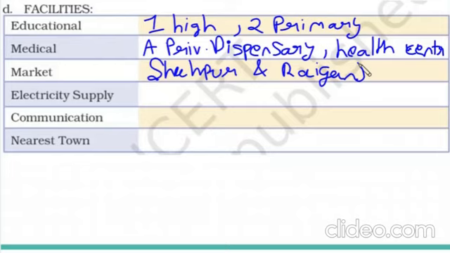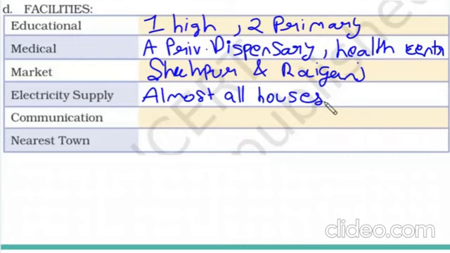Electricity supply is there in almost all houses. Maybe a few Dalit families may or may not have the electricity supply, but in almost all of Palampur, the houses have proper electricity supply.